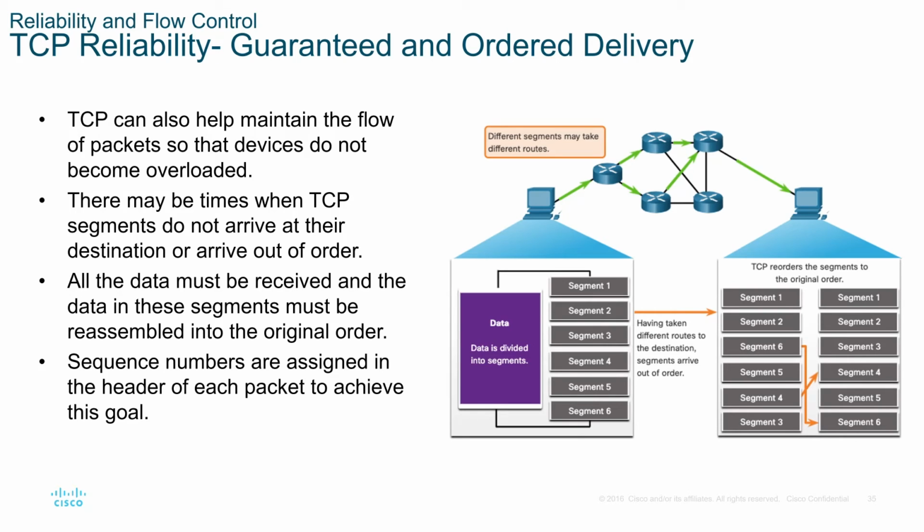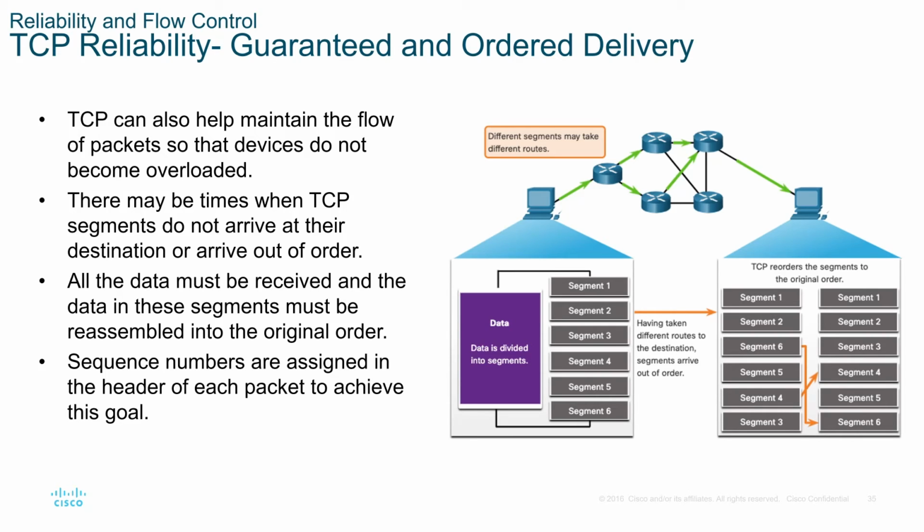Reliability and flow control is necessary. Although we may send packets out sequentially, they may not arrive at the destination in the same order. TCP can also help maintain the flow of packets so that the devices do not become overwhelmed.